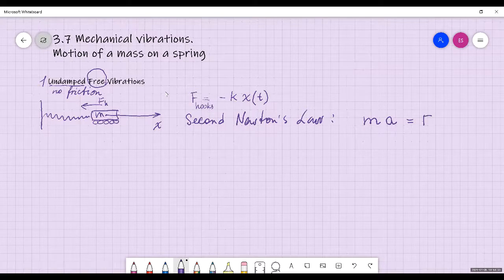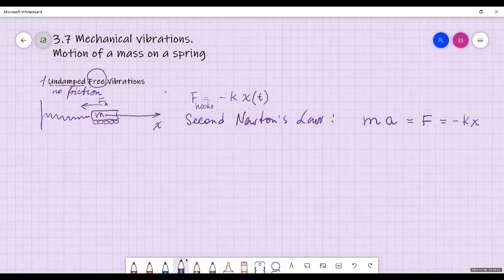In our case, it's Hooke's force, so minus kx. Now we have two kinds of variables here. What we do know about the mass is how much the mass is, how many kilograms. We do usually know the stiffness of the spring, how hard the spring is, right?